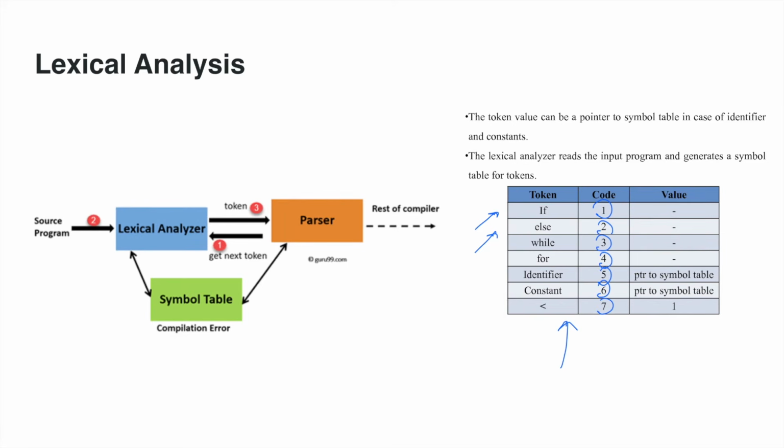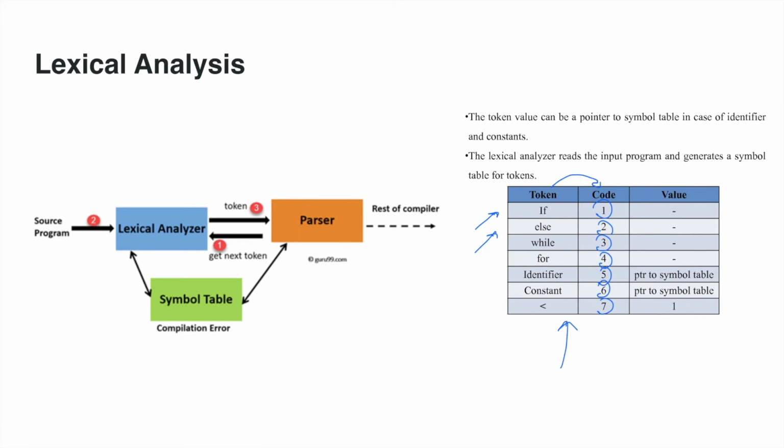Technically, these codes are what we could call our tokens, even though it's written the other way around. Instead of having a program with if, else, while, for, etc., we would want a program that would be like 1, and then something else, 2, 3, 4, etc. Now, this isn't a complete table, but this is a good example of what a table would look like.